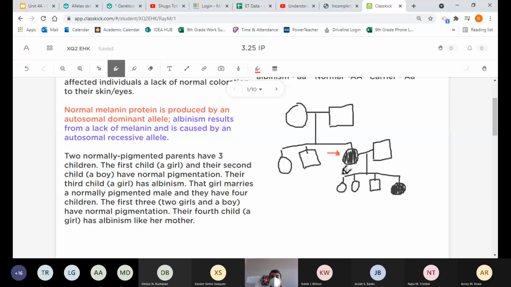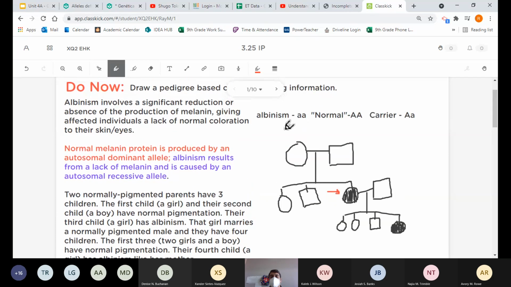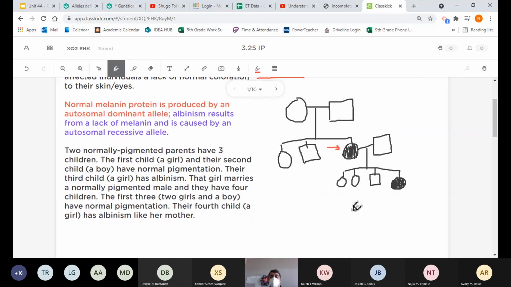She's going to be the most important because she is the daughter of these people and the mother of that person. So you have to figure out what the genotypes are. Since we know that albinism is a recessive trait, we already know what hers is. Hers is going to be homozygous recessive.